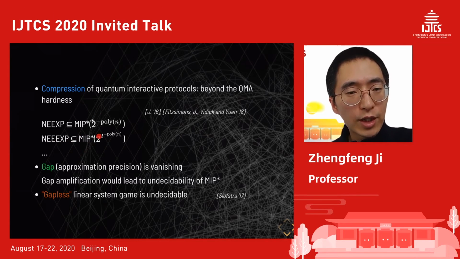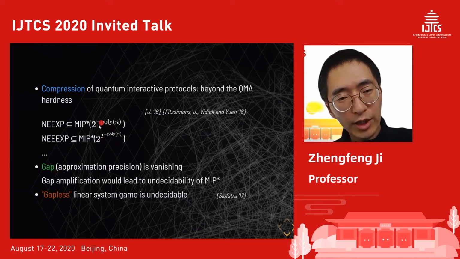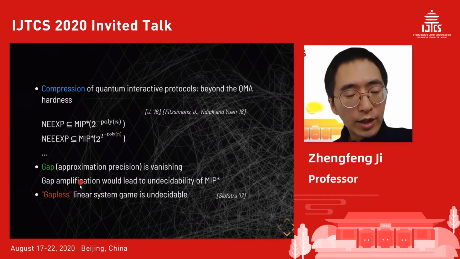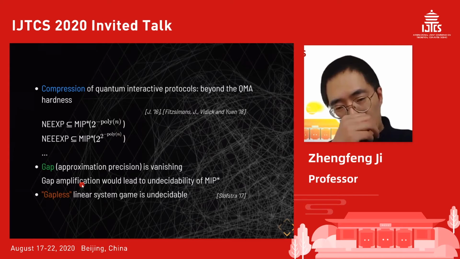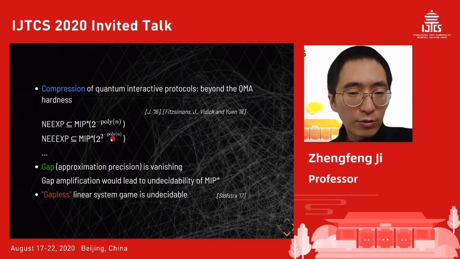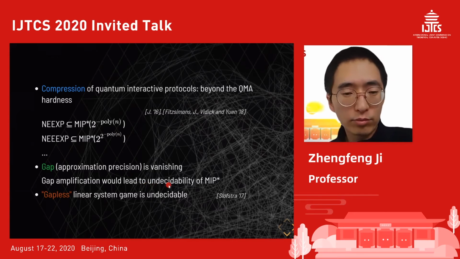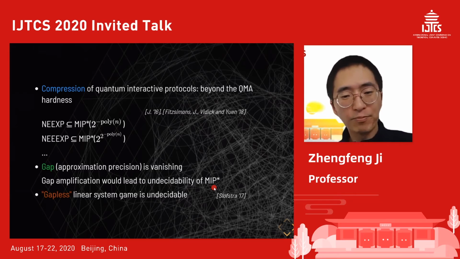But the problem is that with all these improvements, the gap is shrinking. The gap gets smaller and smaller with the parameter, the size n. But we noticed that if we can do gap amplification, then we would be very close to proving the undecidability of MIP*.